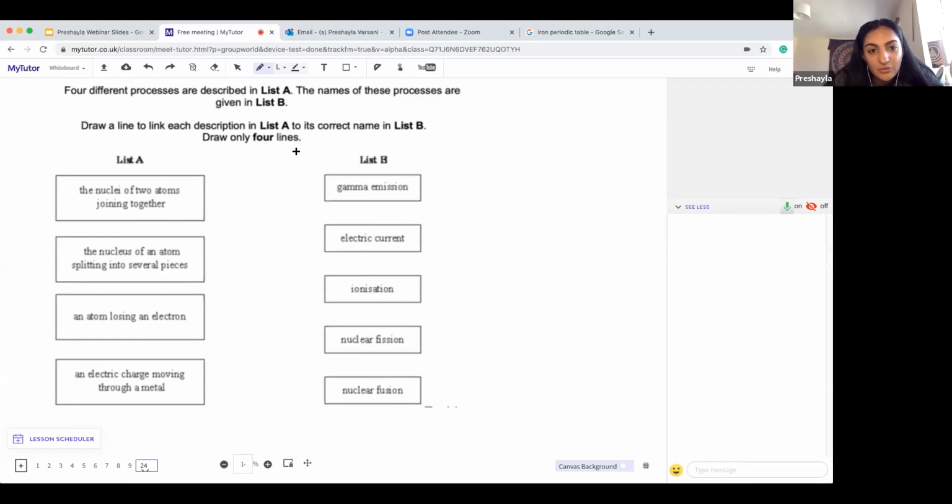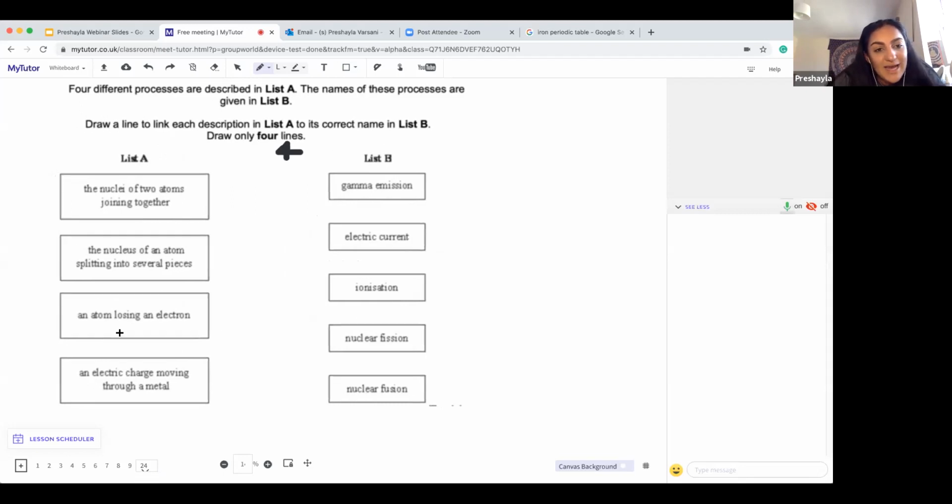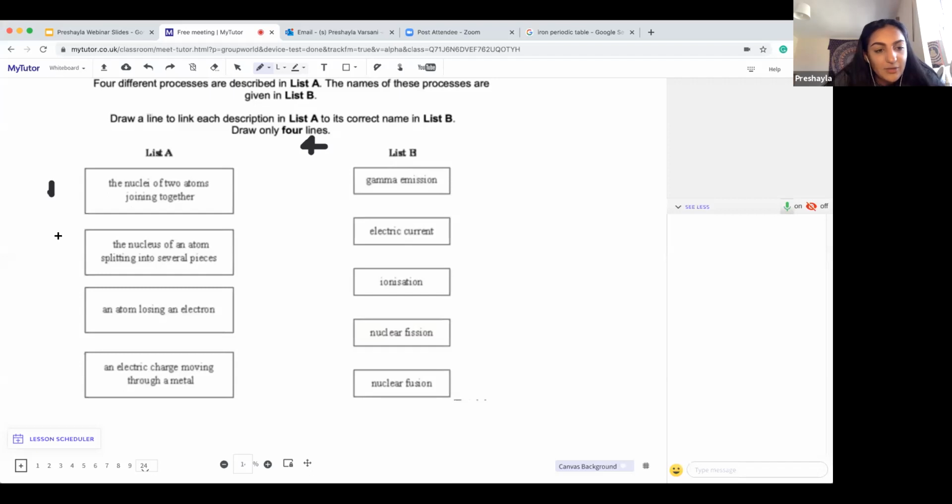You only need to draw 4 lines. As you can see, there are 5 in list B and 4 in list A. So I'll give you 1, 2, 3, 4, and A, B, C, D, E on the right. And then let me know which ones you think match up.